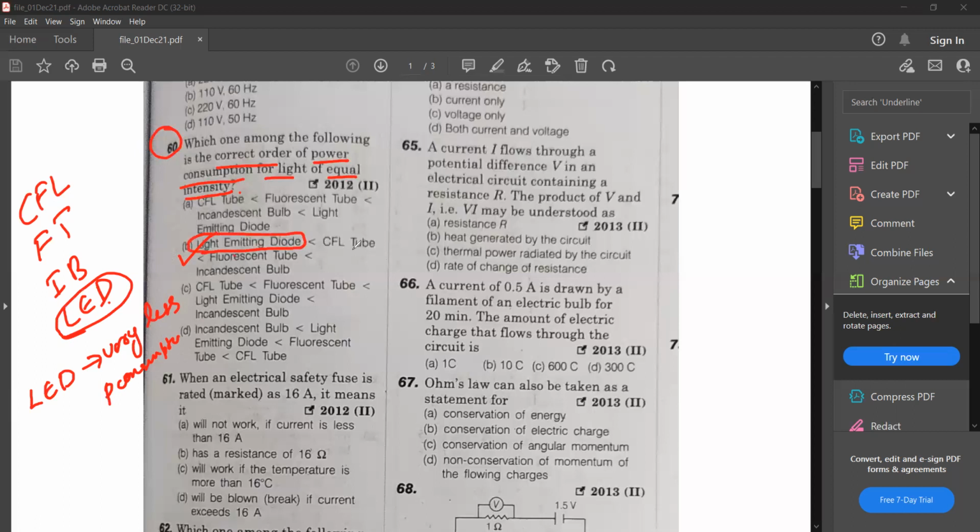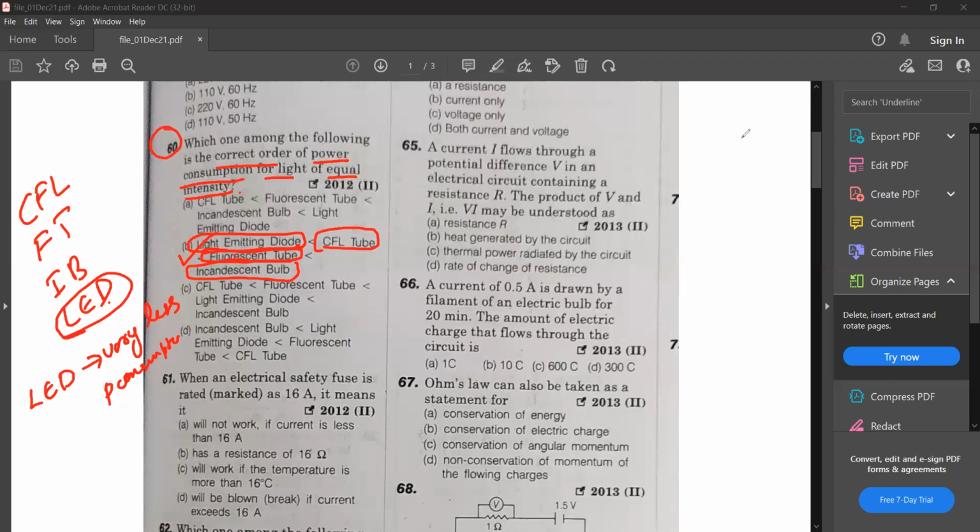Light emitting diode less than CFL tube, less than fluorescent tube, less than incandescent bulb. So from this itself, we can eliminate other options because light emitting diode is the one which is having very less power consumption, very less heating effect, or we can say no heating effect. Okay, so option B is the correct answer.